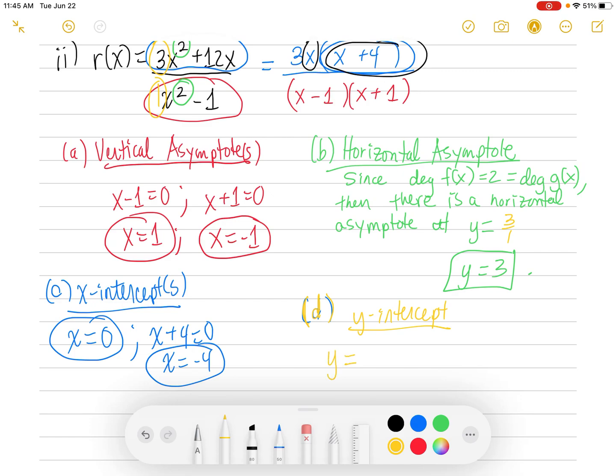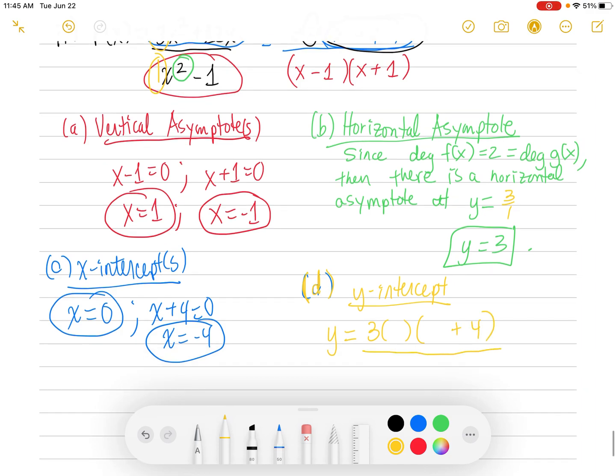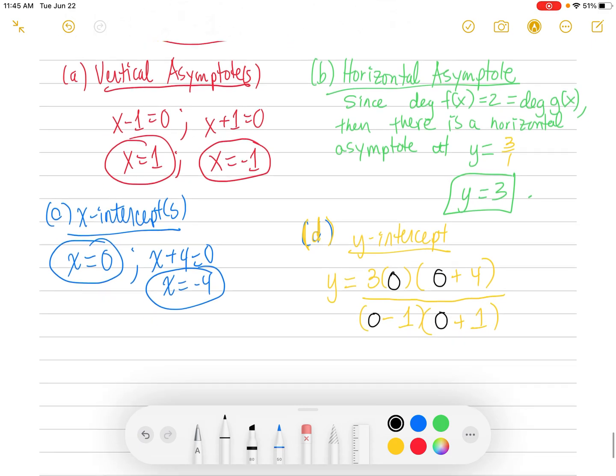So for a y-intercept, we're going to set x equal to 0. We're going to take y equals, using the factored form, 3 times a blank plus 4 over blank minus 1 times a blank plus 1. So everywhere we have an x, we're going to plug in a 0.